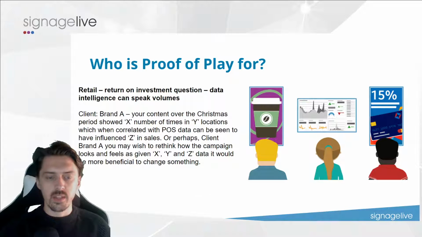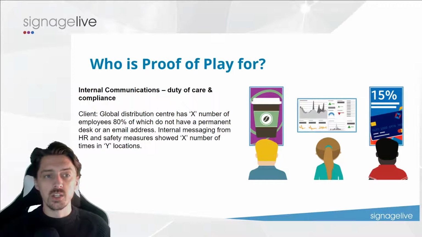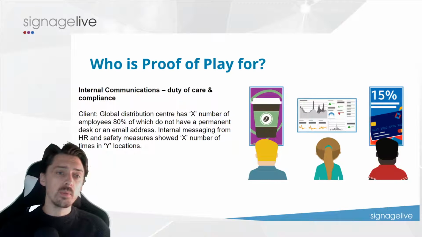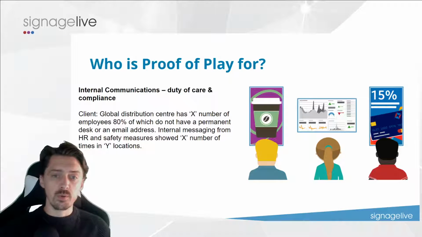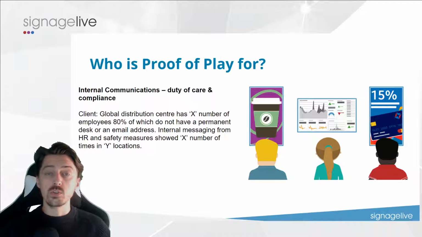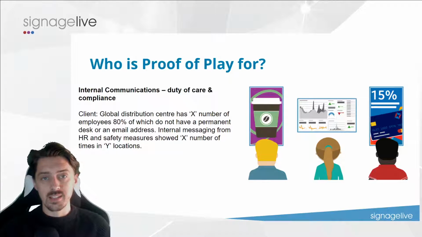There are others out there though. So for example, internal communications, duty of care and compliance, which is an interesting one that I hadn't thought of before we started doing proof of play. But the concept around that is a lot of the times in corporate environments or any environment where you've got staff where you need to train or inform or give them HR information or whatever that might be, there is the capability of being able to report back how many times assets have played.